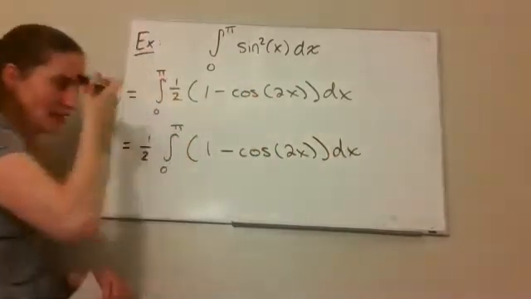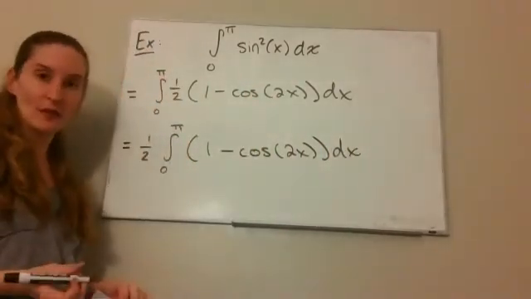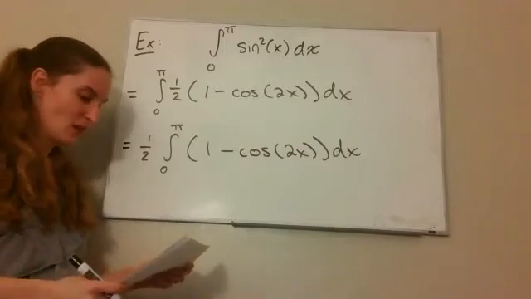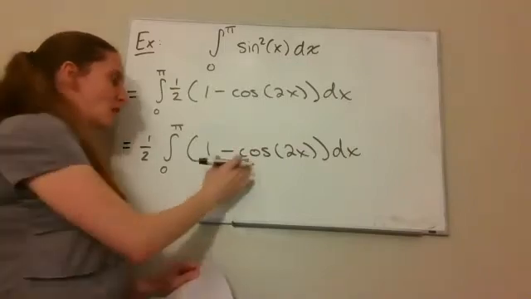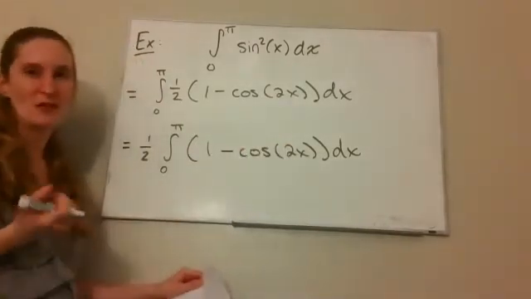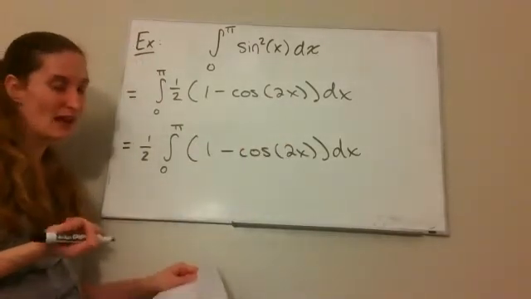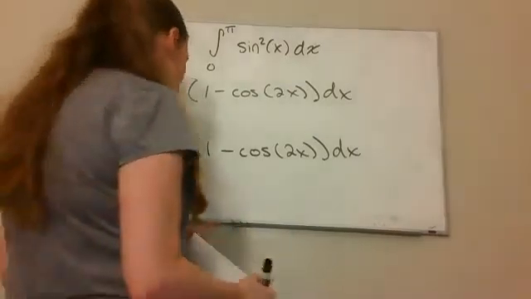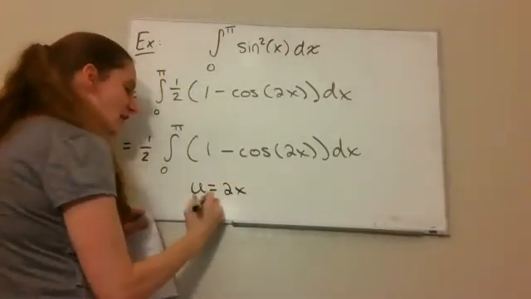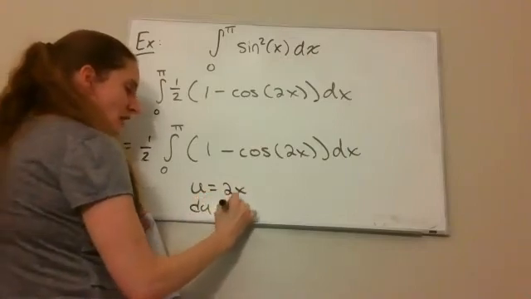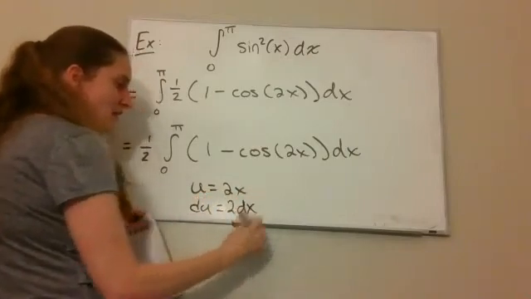dx. Now I do need a little bit of substitution because we do not know the antiderivative of cosine of 2x. We know an antiderivative of cosine of x. So I just have to do a little baby u substitution of u equals 2x, which means du is 2 dx.